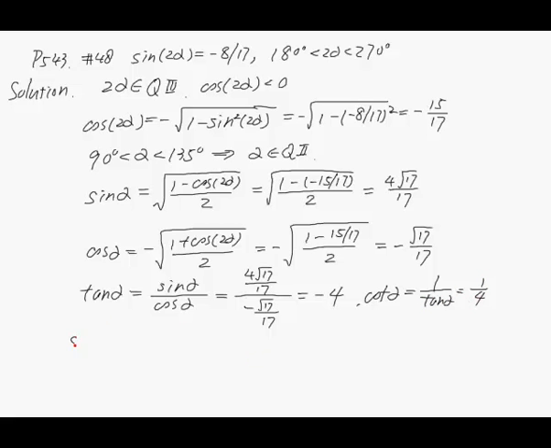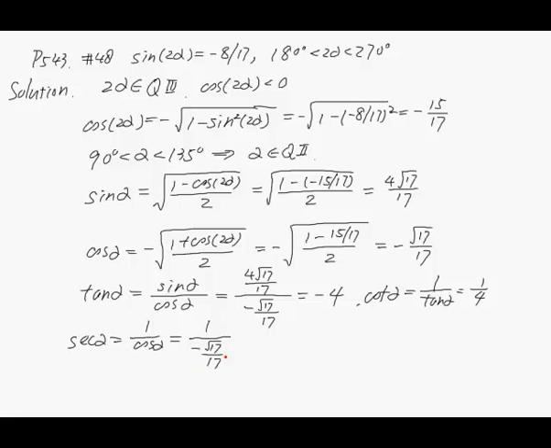And the secant alpha is equal to 1 over cosine alpha. So cosine alpha is equal to negative root of 17 over 17.